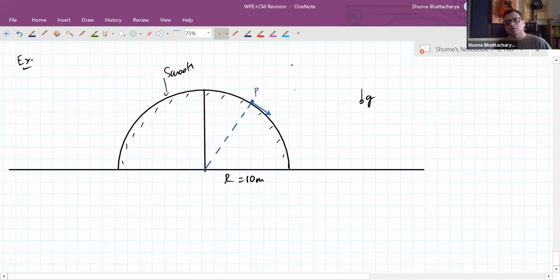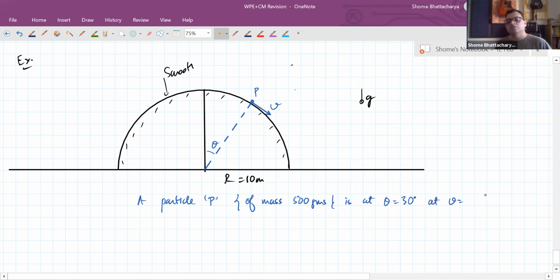So particle P of mass 500 grams is at theta equal to 30 degrees at a speed of 6 meters per second at a particular instant.